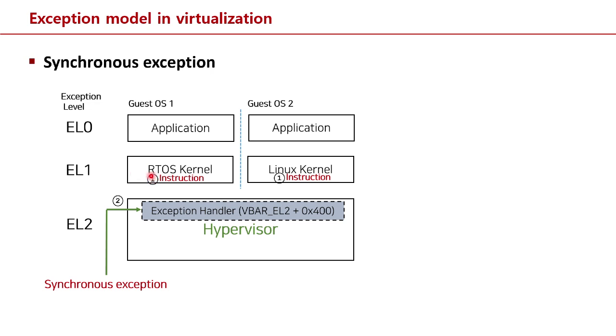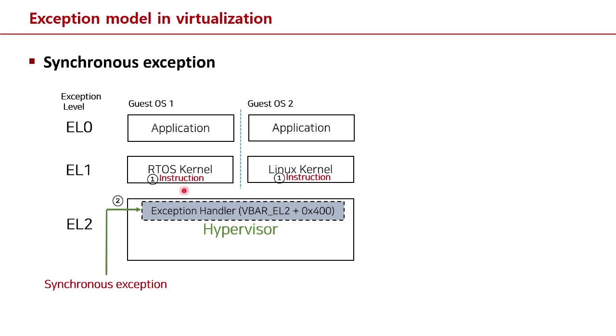In a normal situation, control is transferred to the exception vector table at exception level 1, but in this case, control is taken to exception level 2 by branching into the exception vector address that is specified here. This address can be calculated using this equation, adding the offset 0x400 to the exception vector base address that is stored inside the VBAR_EL2 register.